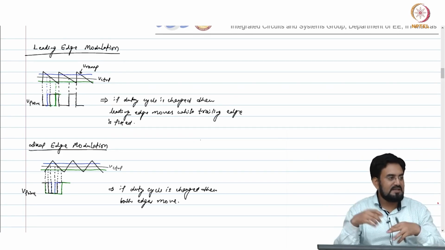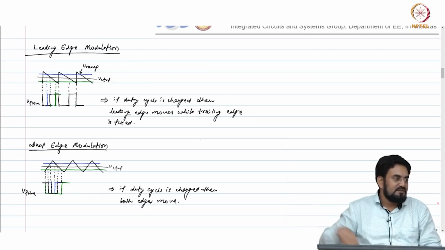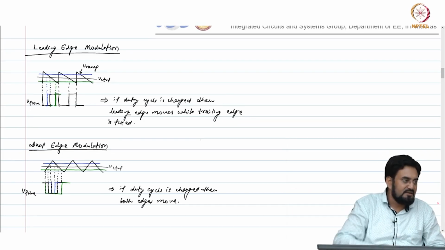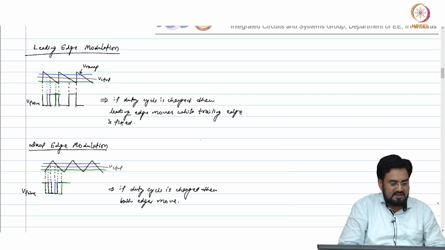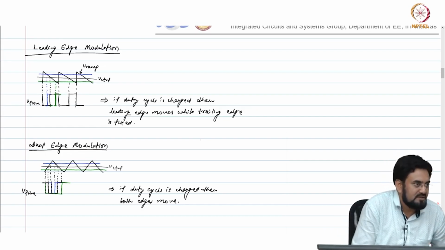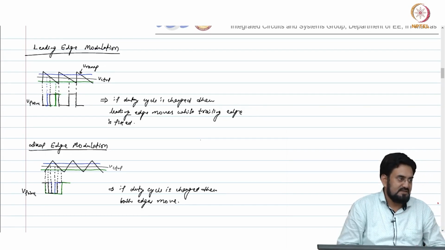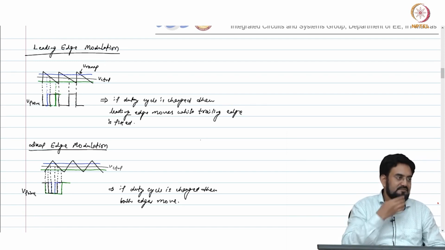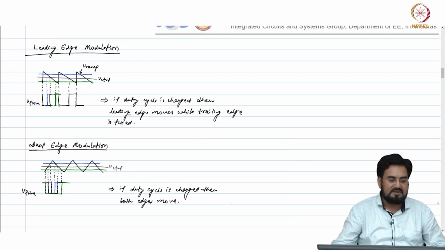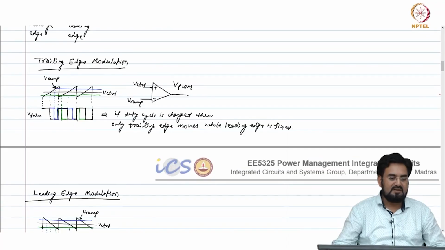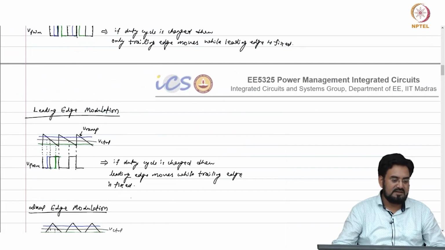It is quite possible that it will have a lot of frequency harmonics in your duty cycle, which may not be good for noise sensitive applications. If you expect your ripple to be at a fixed frequency, that may not happen in this case. So that is why most of the time we prefer leading or trailing edge rather than dual edge.